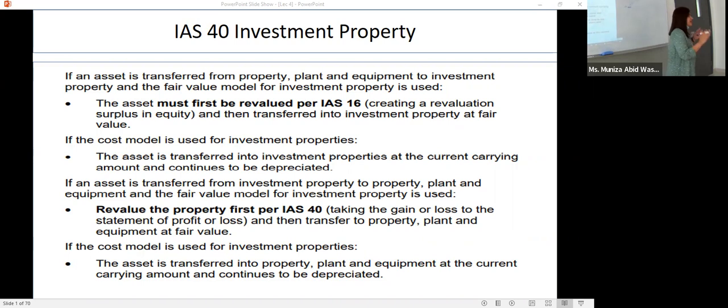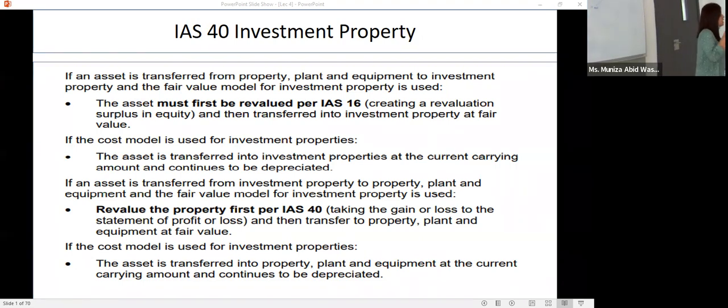So when you are shifting from IAS 16 to IAS 40 and the fair value model of IAS 40 is being used, then at first you have to recognize your revaluation gain in the statement of other comprehensive income as per IAS 16.